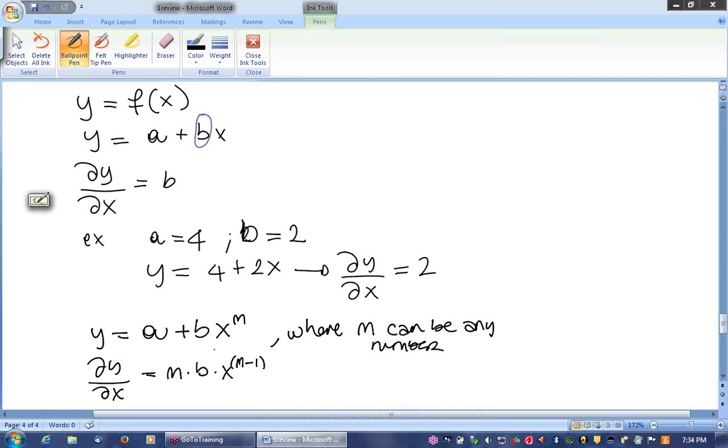Okay? So this is basically all the derivative analysis we need in this course. If you don't know derivatives, what you just need to understand and learn is this formula.